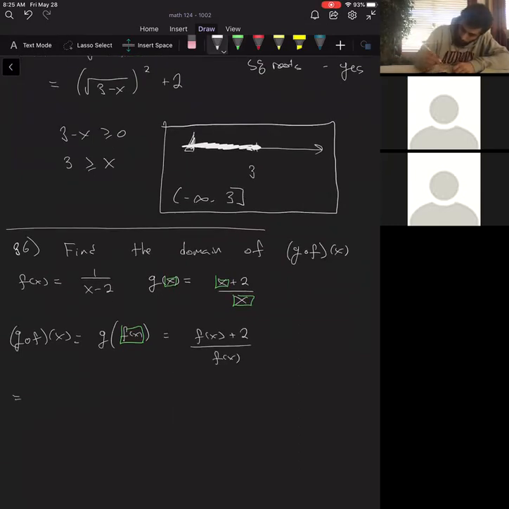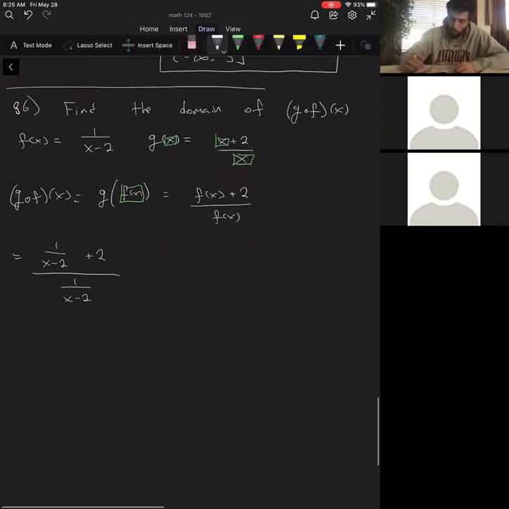What does that equal? f of x is 1 over x minus 2, so we'll have 1 over x minus 2, plus 2, all divided by f of x, all divided by 1 over x minus 2. Okay, so let's see. Are there fractions and are there square roots?